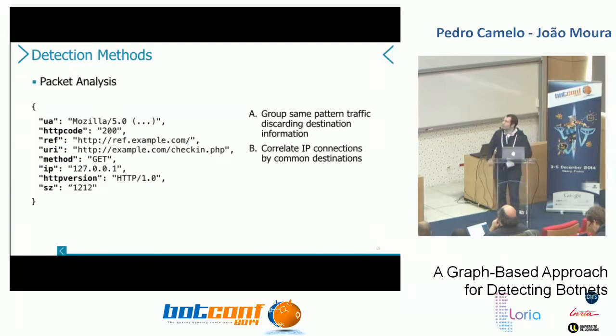On the packet detection methods, we have this kind of info. We use it to group same pattern traffic, discarding source and destination information. On the second one, we use that information; we correlate IP connections by common destinations.